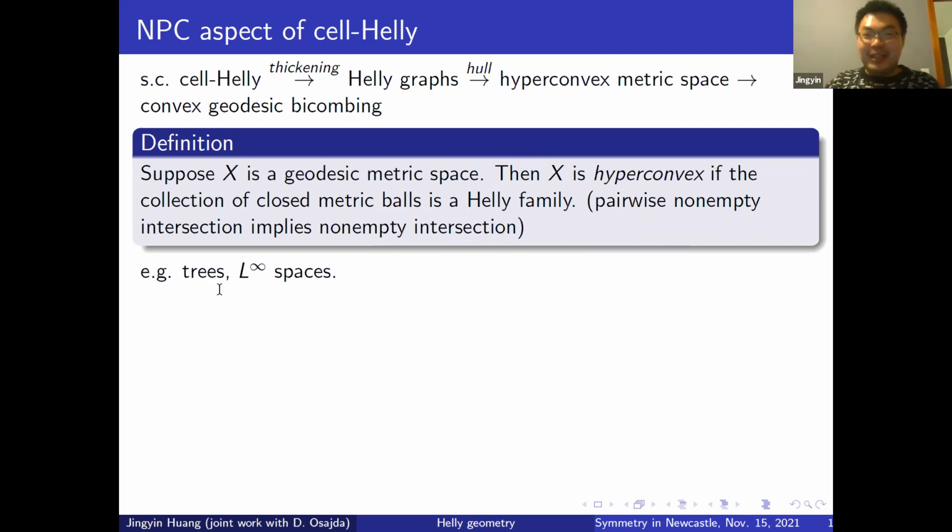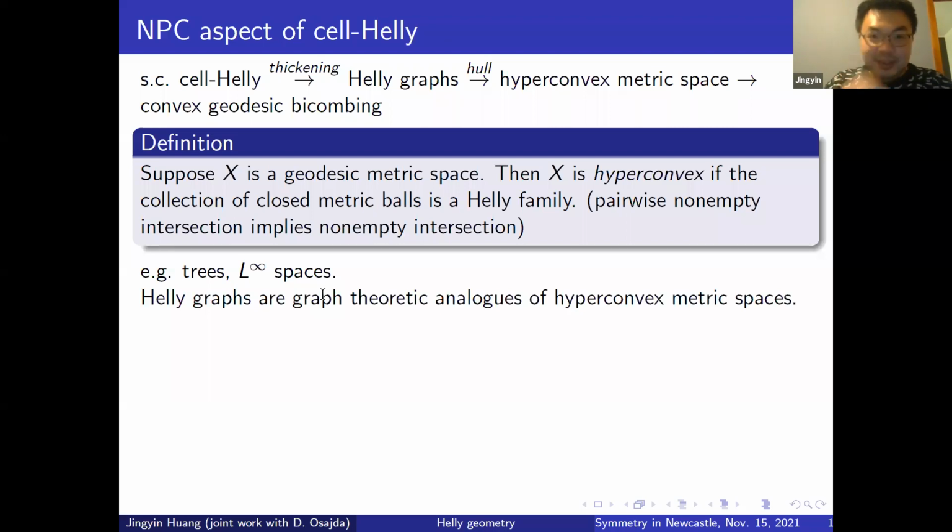If you have a family of subtrees which pairwise intersect, they indeed have a common intersection. Another example you have in mind is the L infinity space. You can just think about R2 with the L infinity metric. Then the closed metric balls in R2 are basically boxes or rectangles. And if you have a collection of rectangles in R2 which pairwise intersect, then they actually have a common intersection. Okay, so these are the two basic examples you have in mind.